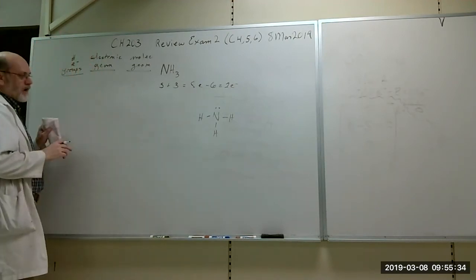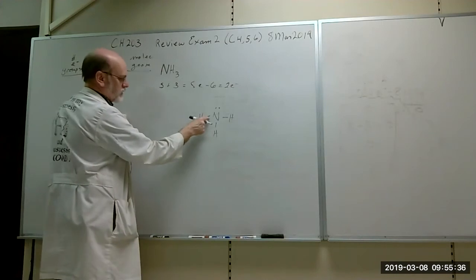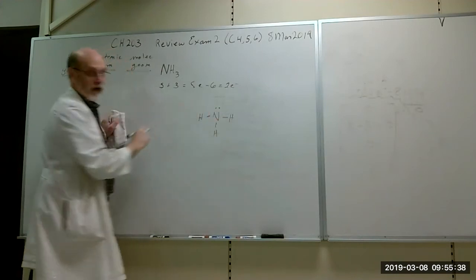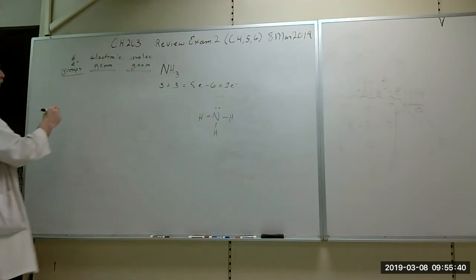So the number of electron groups we have here is 1, 2, 3, 4. Right? So we have 4 electron groups.